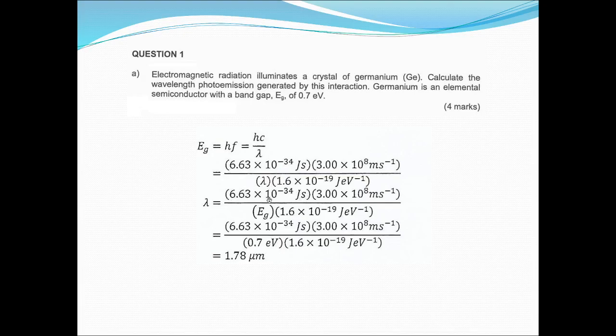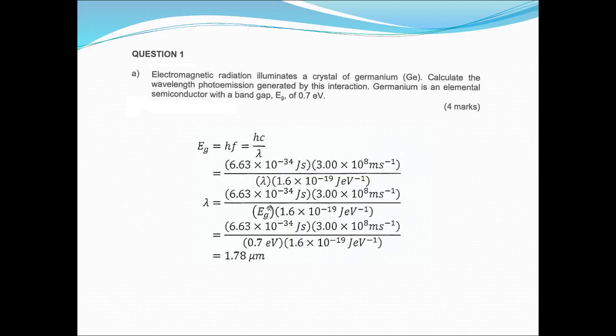Please make sure which formula uses which h. h and h bar are different and have different values, so make sure you are not substituting the wrong value. c is the speed of light, which is a constant, 3 times 10 power of 8 meter per second.